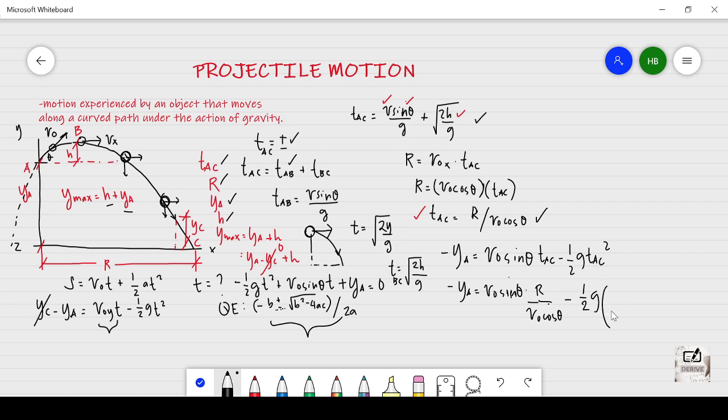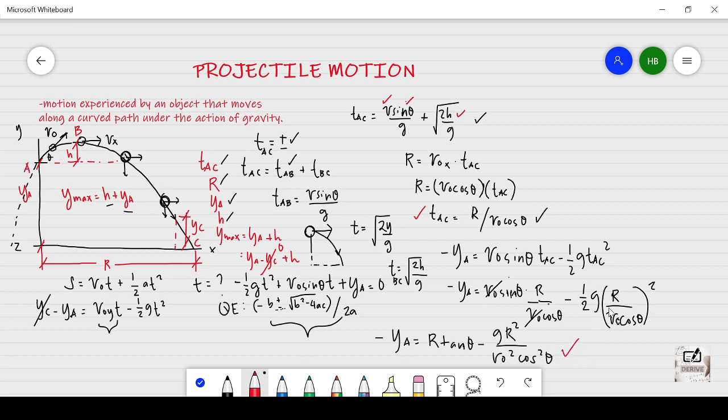And substituting, so you have your negative YA is equal to, cancel mo yung VO, you have your R tangent theta, of course minus 1/2 GR squared over VO squared cosine squared theta. So in-squared ko na lang agad, so you have your GR squared over VO squared cosine squared theta. And there you have it.